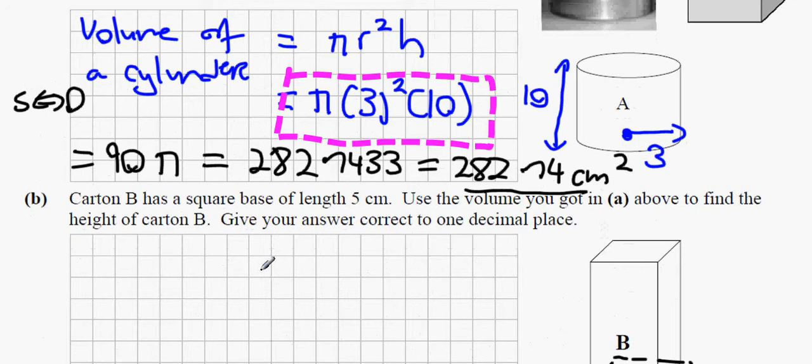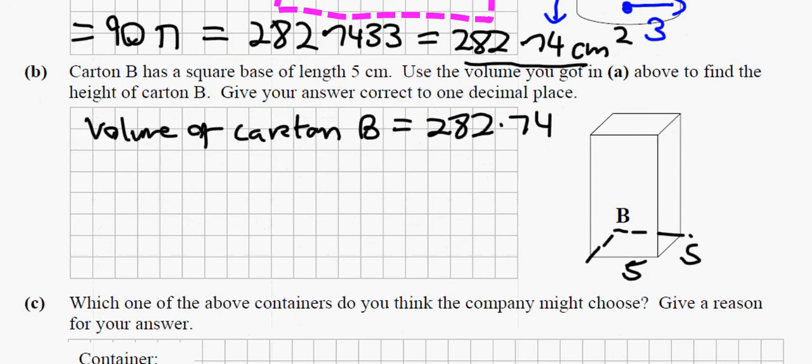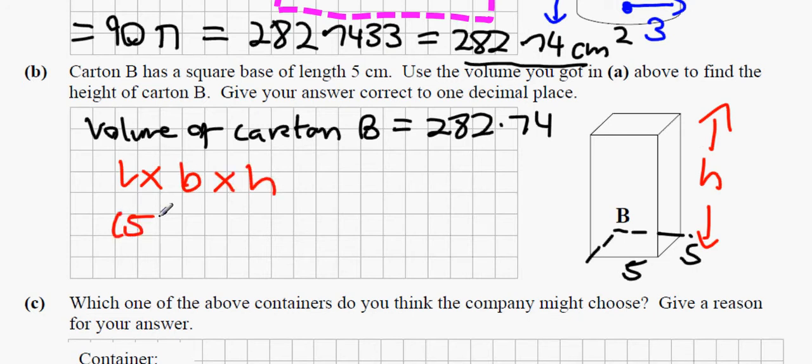So the volume of carton B is 282.74. Now the volume of a carton, we don't know the height. The volume of the carton is length by breadth by height, which is 5 times 5 times h, and that equals 282.74.